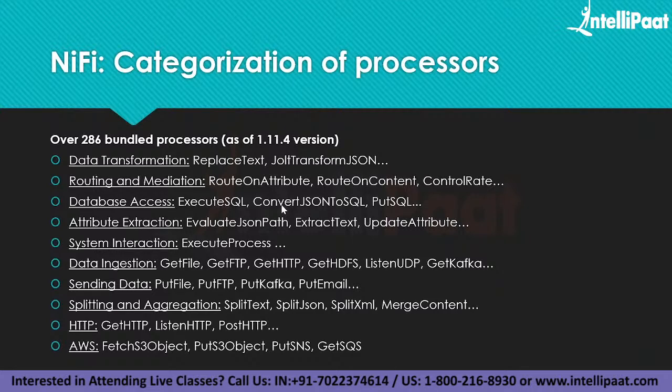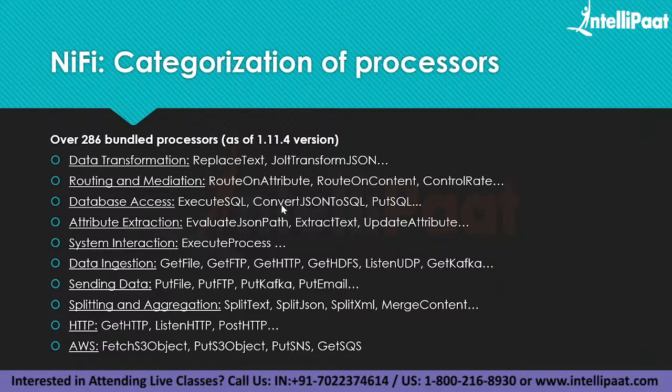I'm sure some of you at least must have heard about or have also worked on some of these. So broadly, if you want to categorize them, they are categorized into transformation, routing, mediation. Some of you were talking about what the capabilities are. So if you want to categorize them into these, look at this: database access, attribute extraction.